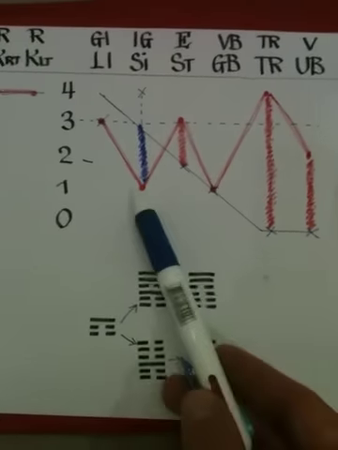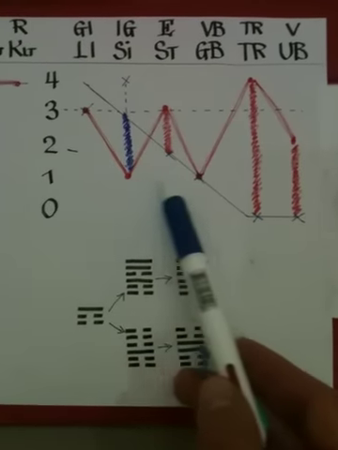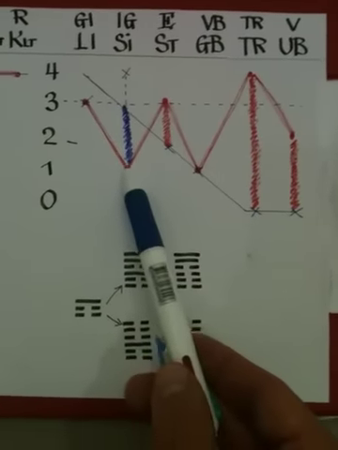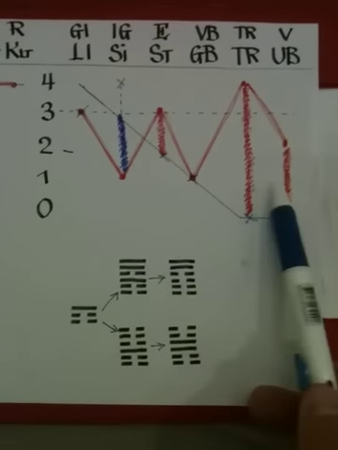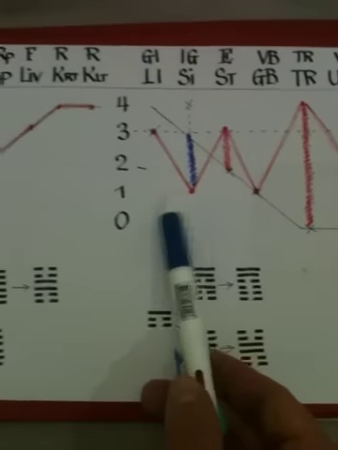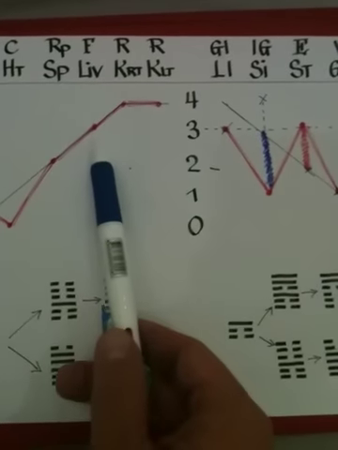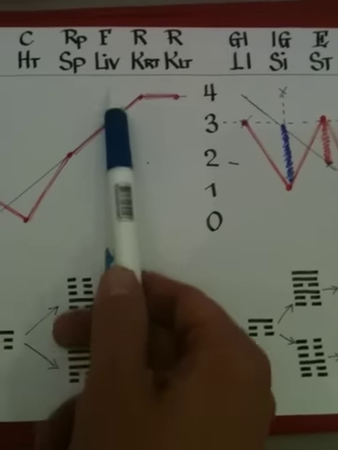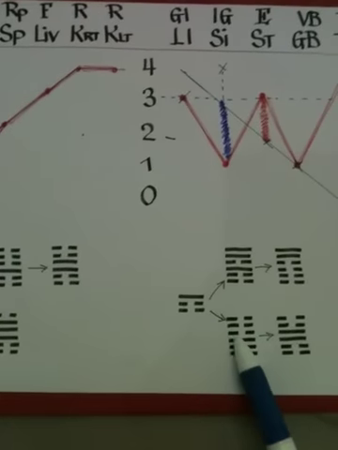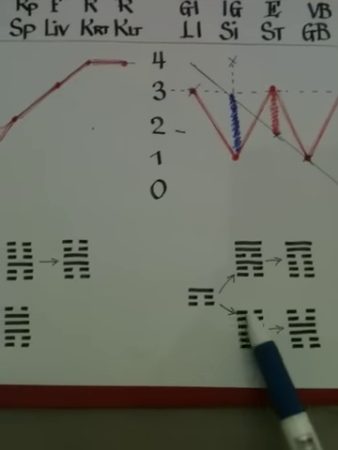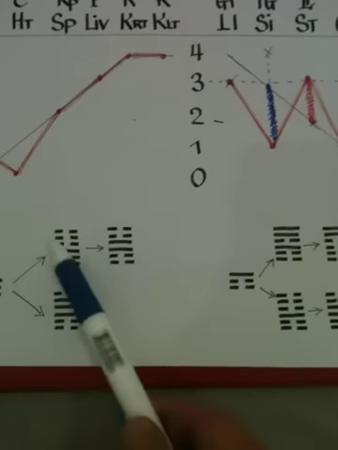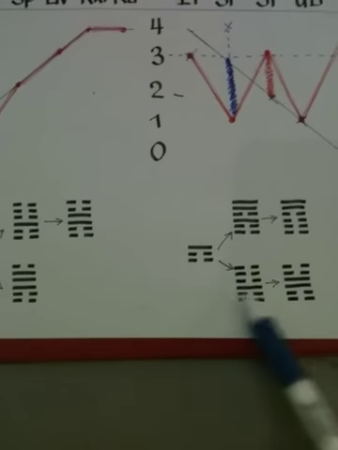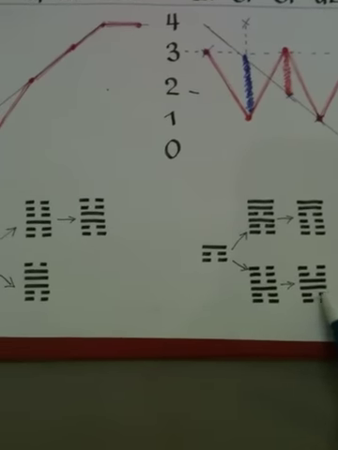And here again we see that actually the small intestine has a movement of the wood, and in the Zang organs, wood corresponds to the liver. So we'll use the trigram sign of the liver, which is the same as the kidney. And again, we need to change it so it will work in the autumn.